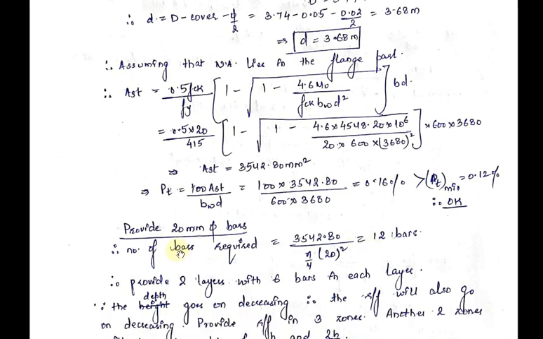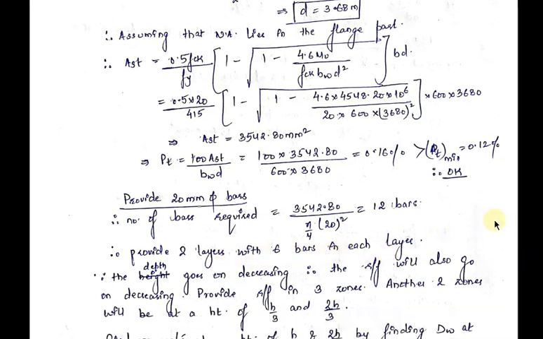The number of bars can be calculated by the total reinforcement divided by the area of one bar. This will give you 12 bars. See, 12 bars cannot be provided in a single layer, so we will provide these 12 bars in two layers with 6 bars in each layer.